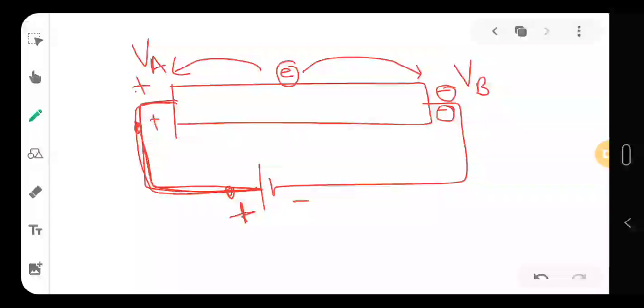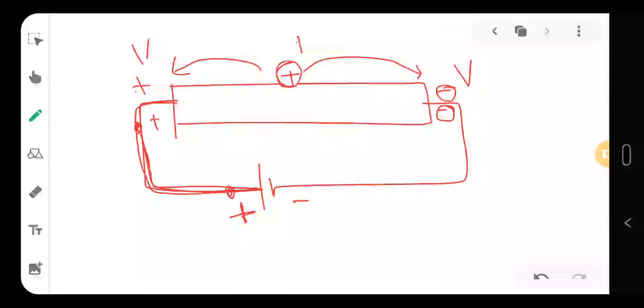So that is for the electron. But I have said in earlier lectures that we don't work with electrons, we work with positive charges, just for our convention. It's not logical or anything, it is just our convention. So instead of an electron, we take a positive test charge.